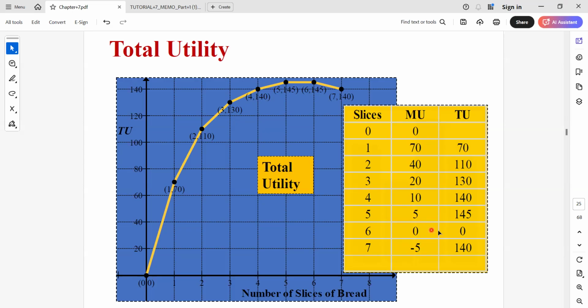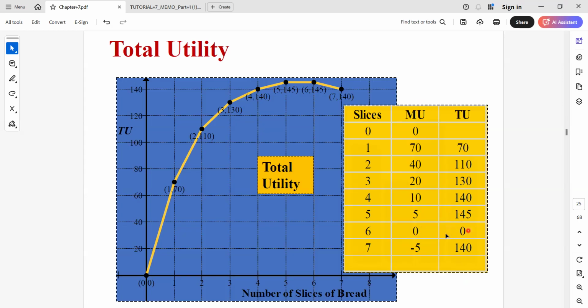But here you can obviously see that the maximum is here, because 145 is the biggest number, where your marginal utility is 5. That side it made sense because you had 148, and the other numbers were less than 148, and they were also less than 148 even if you go down, which is why it makes sense to say that when your marginal utility is 0, your total utility was at maximum.